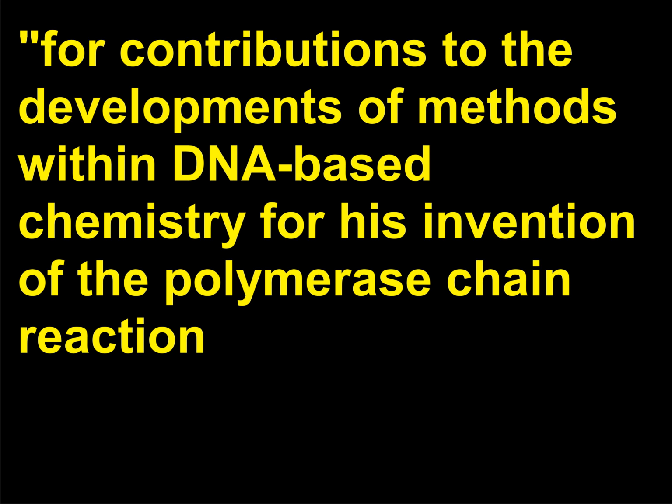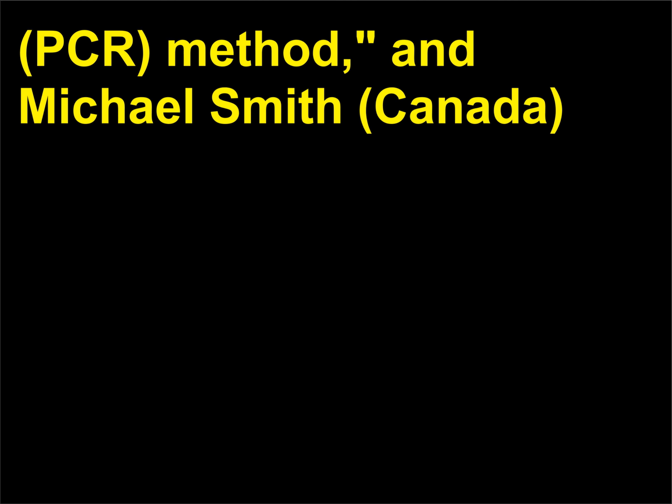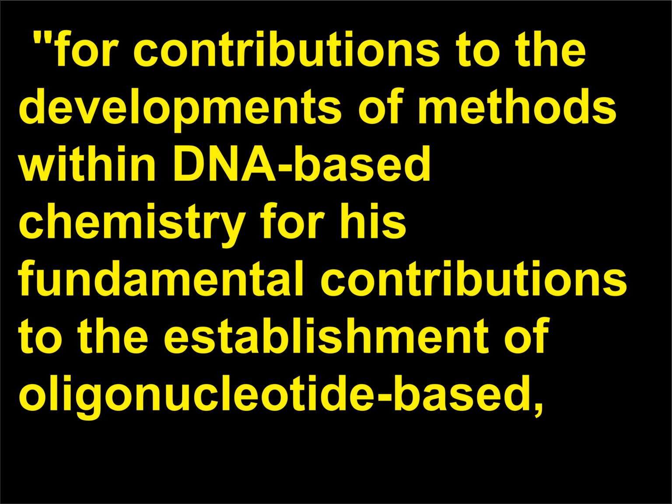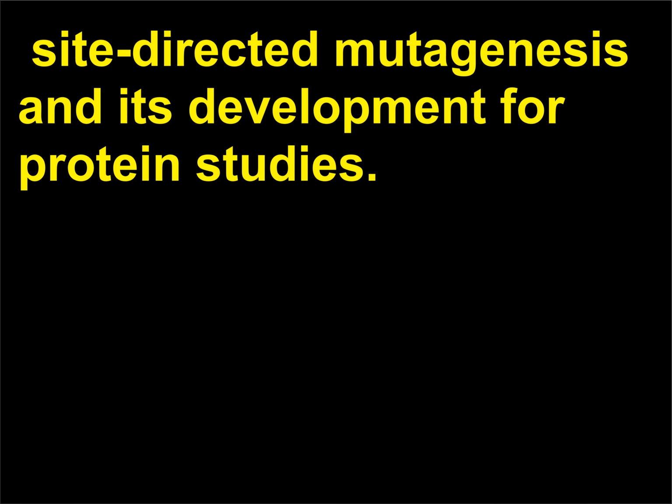For contributions to the developments of methods within DNA-based chemistry for his invention of the polymerase chain reaction, PCR, method, and Michael Smith, Canada, for contributions to the developments of methods within DNA-based chemistry for his fundamental contributions to the establishment of oligonucleotide-based site-directed mutagenesis and its development for protein studies.